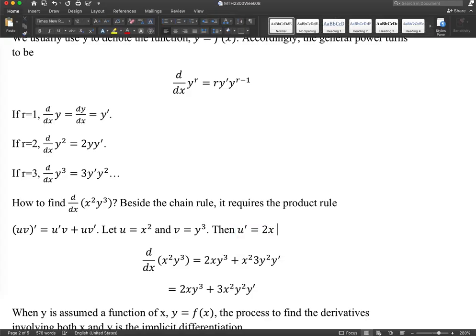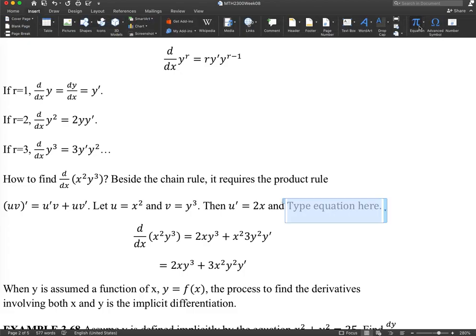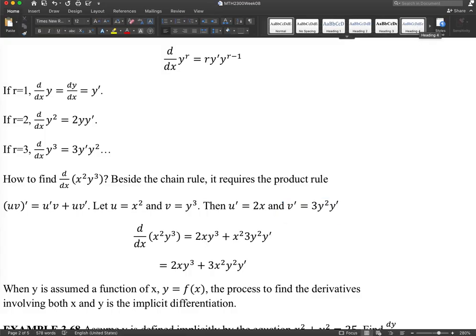And for v prime, don't just rush to say it has to be 3y squared. v prime has 3y squared, and then because of the chain rule, there's a y prime at the end. If you want, you could put a y prime in the middle, but for the cases we are considering here, you usually put a y prime at the end, it's better.